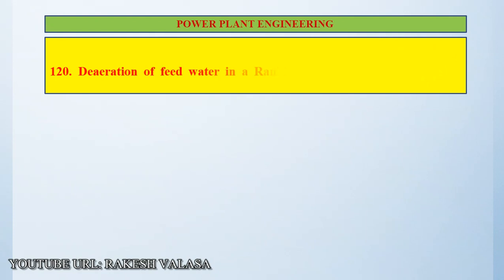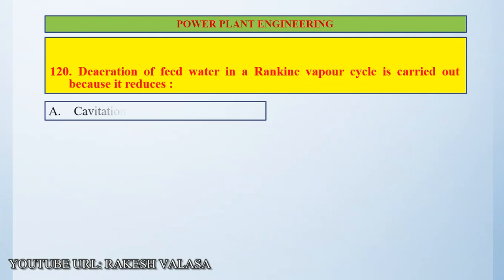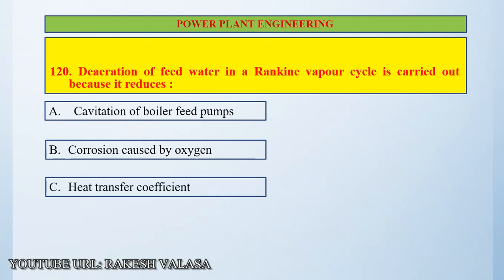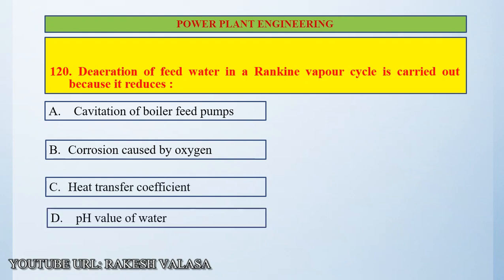Question number 120. Deaeration of feed water in a Rankine vapor cycle is carried out because it reduces: option A cavitation of boiler feed pumps, option B corrosion caused by oxygen, option C heat transfer coefficient, option D pH value of water.